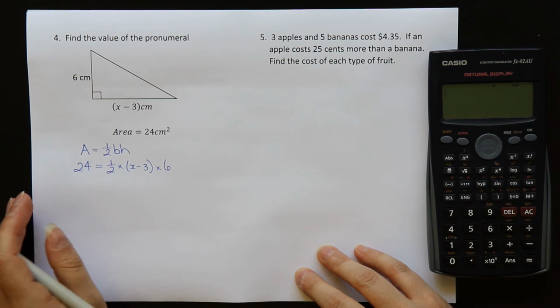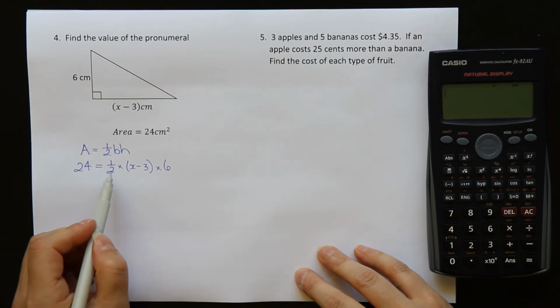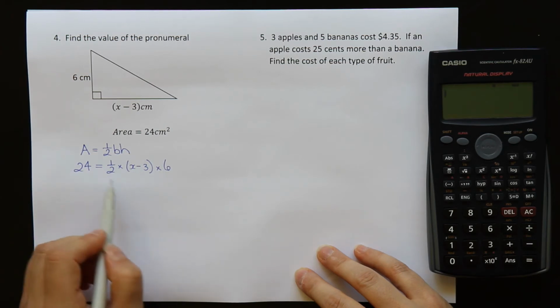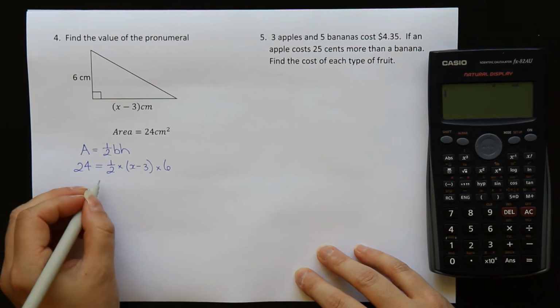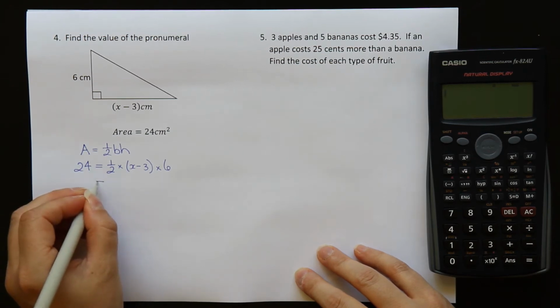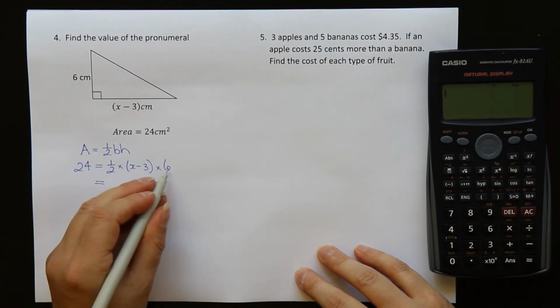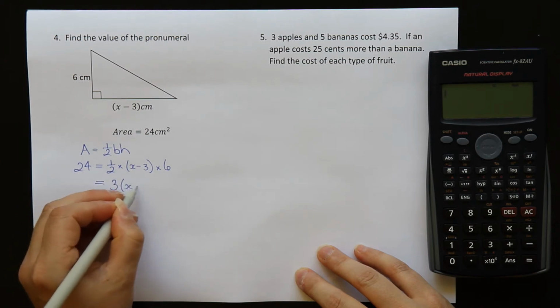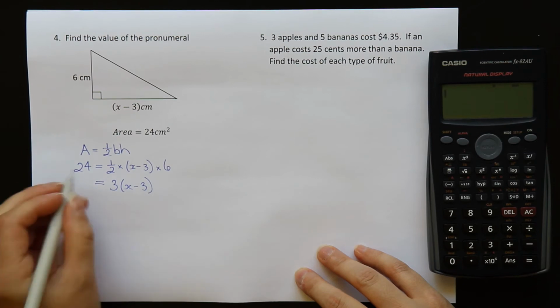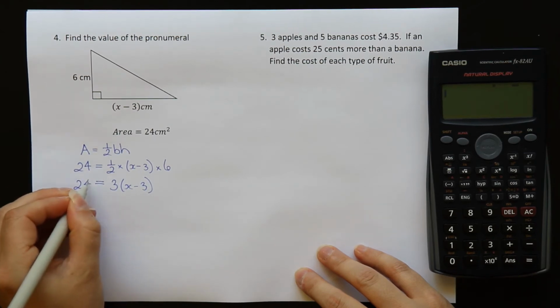Now, I have an equation, but I want to tidy it up a bit. I need to make it a little bit nicer than that. So what I can do is multiply the half with the 6, because it doesn't matter the order that you multiply things in. So that will make it nicer. Half times 6, or half of 6, is 3. And I still have the 24 on this side.